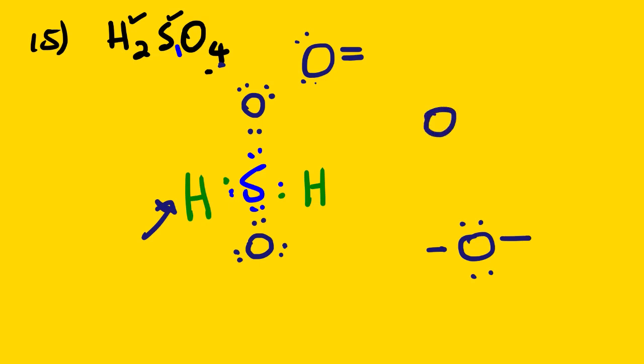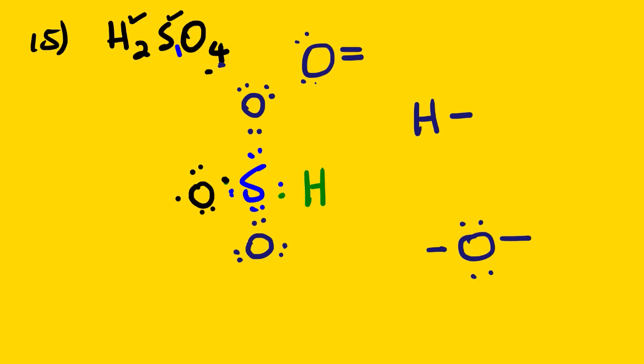We know that hydrogen is only capable of bonding once. Oxygen is capable of bonding 2 times using single bonds. So if we can remove this hydrogen here, instead of putting hydrogen, we put oxygen here with 2 lone pairs and another electron here.